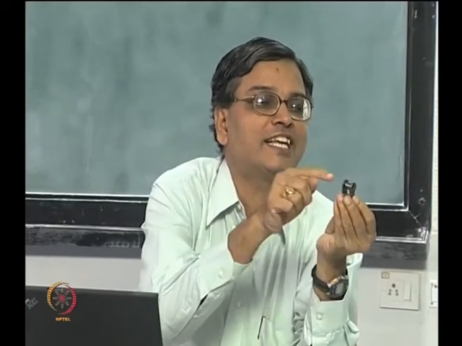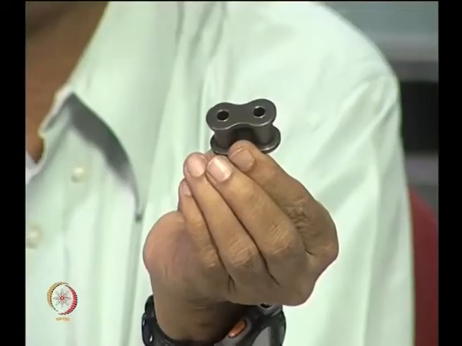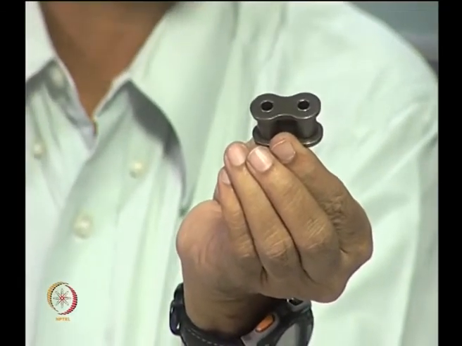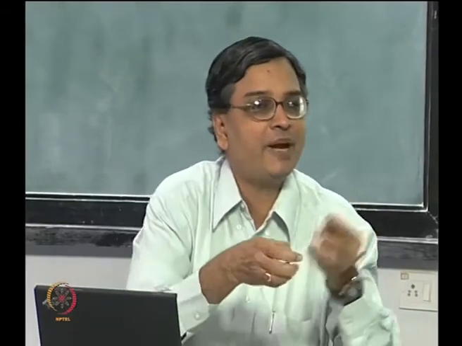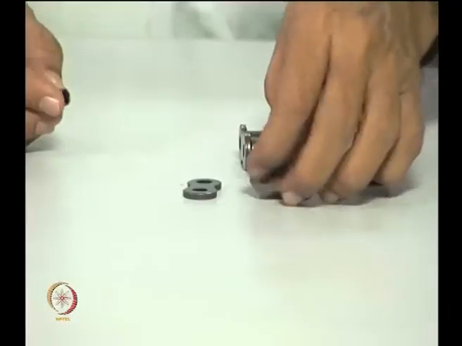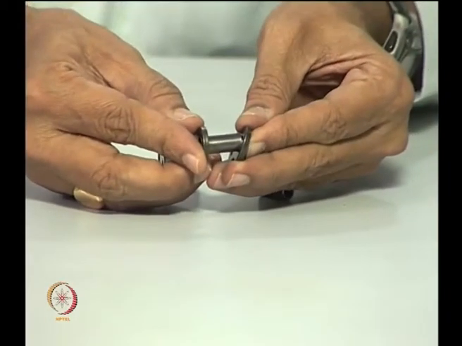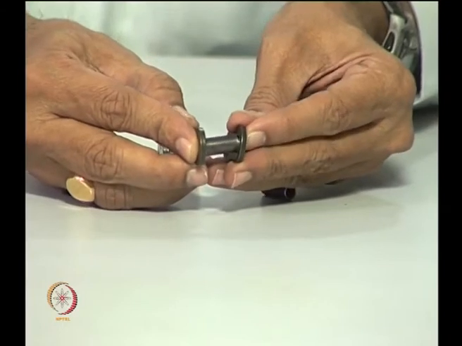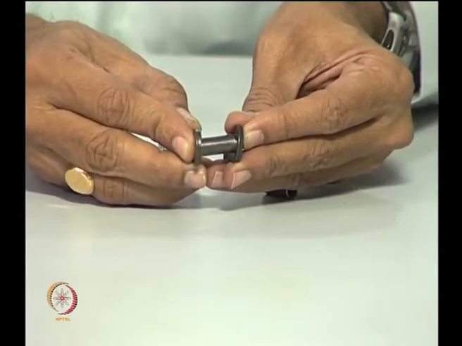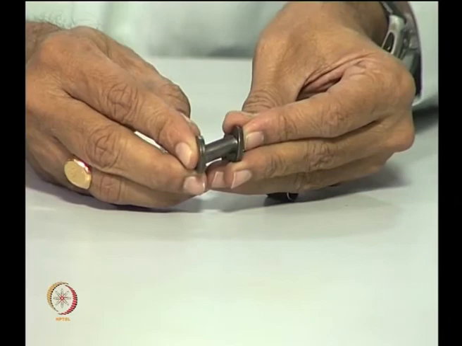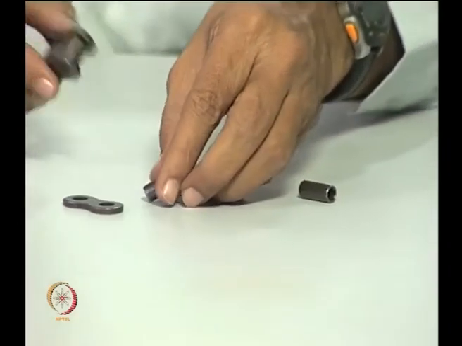See, you have to know how this component is fabricated. Suppose I take a block of material and then I go to CNC machining and machine out this, that is one thing. And how it is done is you have essentially plates, and these plates are brought together by putting the appropriate bush, and the bush has to stay in place. So, you have an oversized bush and this has to be inserted.